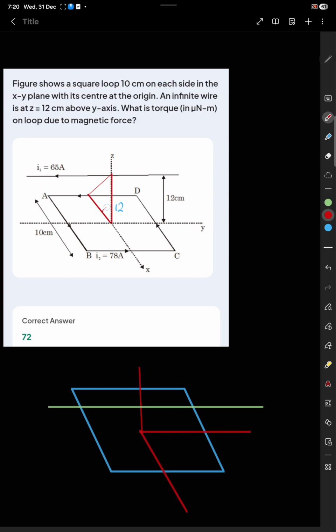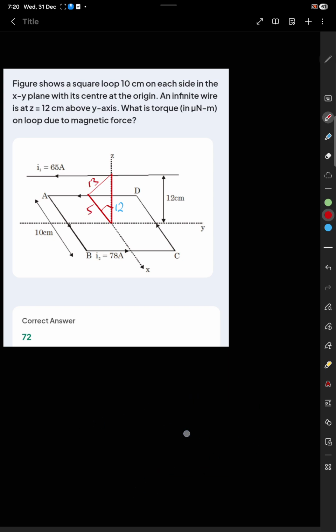If you visualize this problem, this is 90 degrees. So this is 12, this is 5, this one will be 13. Just see it this way. You'll get this wire coming and this current is also coming in this way. So this is 5, this will be 12, this is 13. Okay, so this is the scenario if you observe from this way.